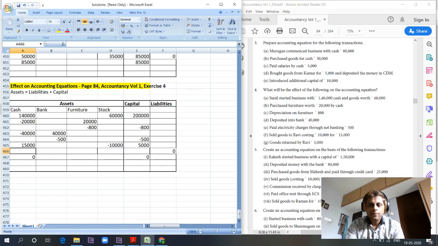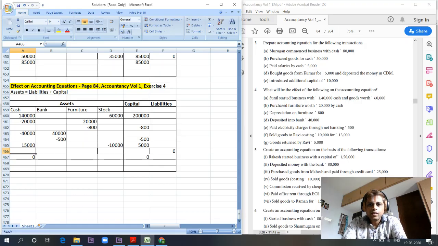The difference between the cost of goods 10,000 and the sale value 15,000 is profit of 5,000 rupees. Profit will have an impact on the capital, so 5,000 rupees will be added to the capital. Stock is coming down by 10,000 rupees. Cash is increasing by 15,000 because the sale value is what we are going to collect. Is that clear?